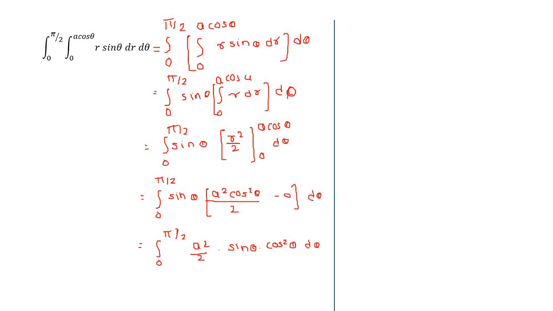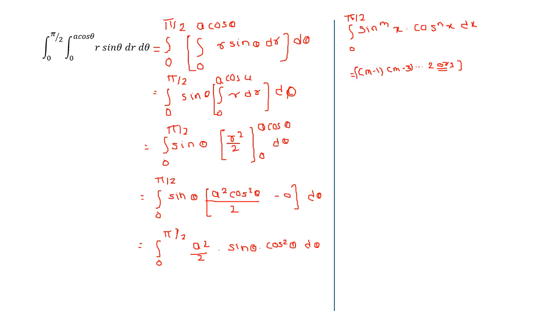So the reduction formula is, if the integration is 0 to pi by 2 of sine raised to m x into cos raised to n x dx, then the formula is: subtract odd terms from m, that is m minus 1, m minus 3, and so on, up to either 2 or 1.